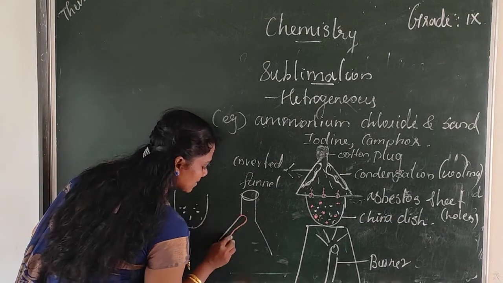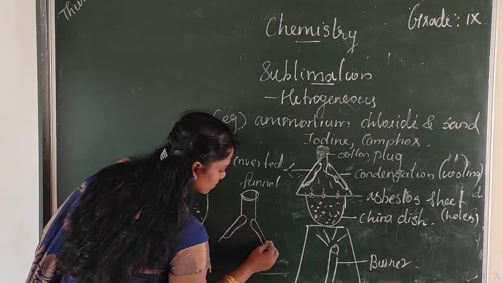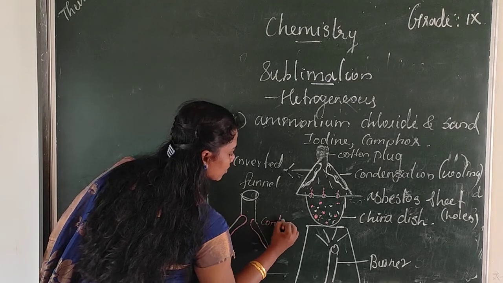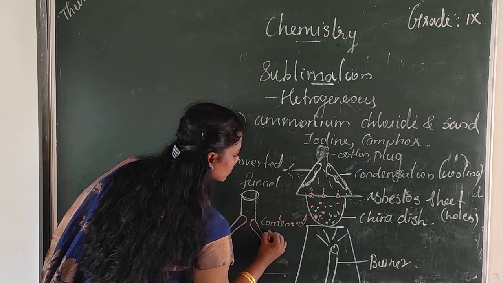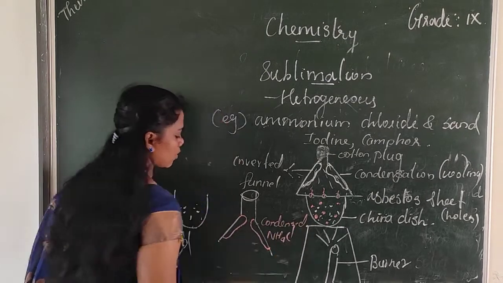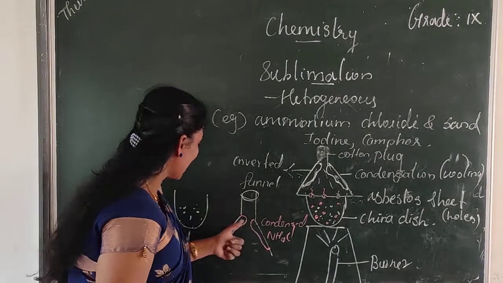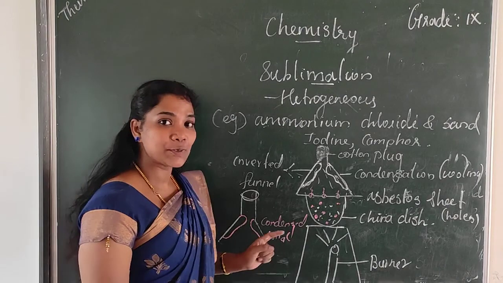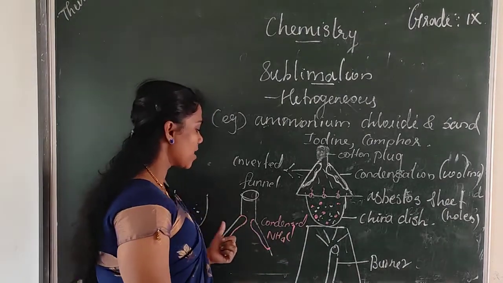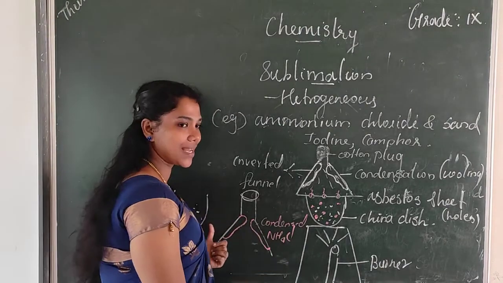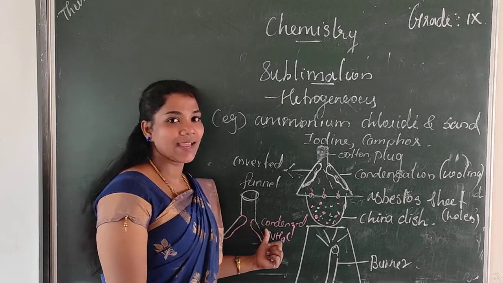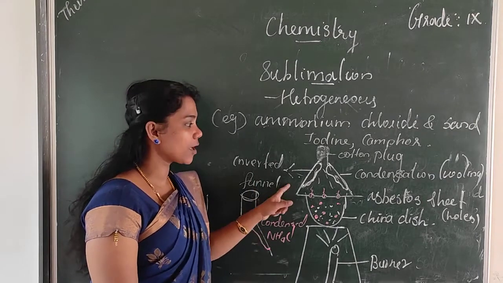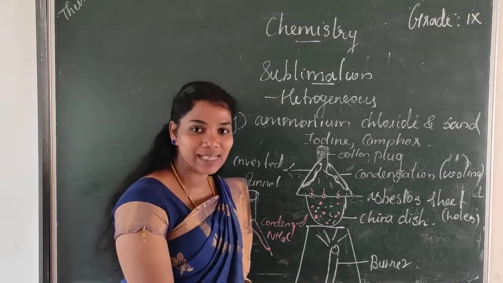The condensed ammonium chloride. Condensed ammonium chloride salt is present here and the impurity is present in the dish. So we have separated. Like this you can separate sodium chloride and ammonium chloride, camphor and sand, iodine and sand, etc. In this, of the two solids, one must undergo what process?